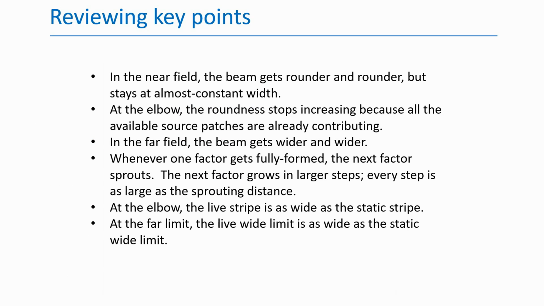Whenever one factor gets fully formed, the next factor sprouts. The next factor grows in larger steps. Every step is as large as the sprouting distance. At the elbow, the live stripe is as wide as the static stripe. At the far limit, the live wide limit is as wide as the static wide limit.